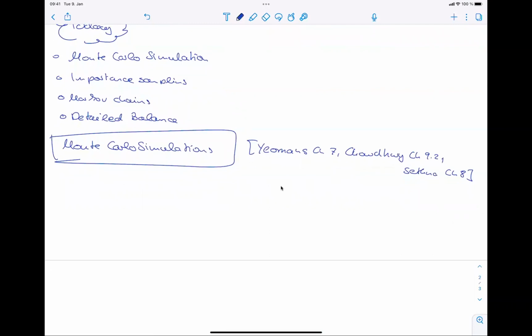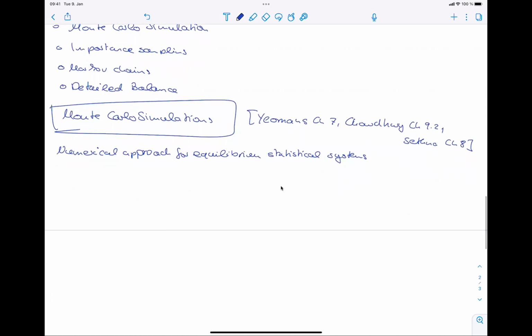And behind it hides a numerical approach to study equilibrium properties of statistical systems.